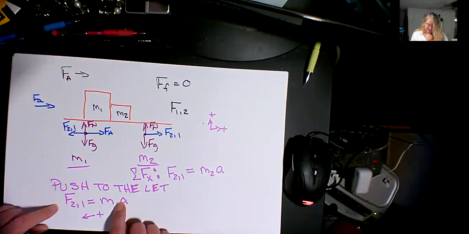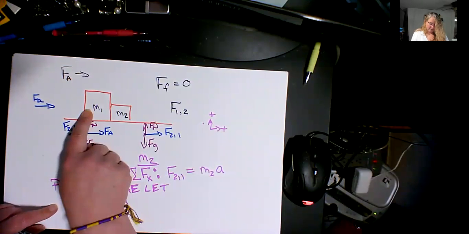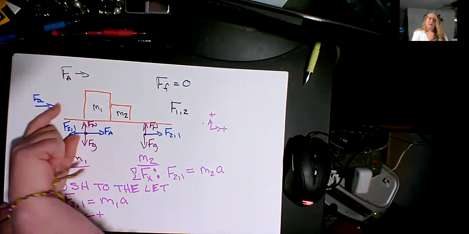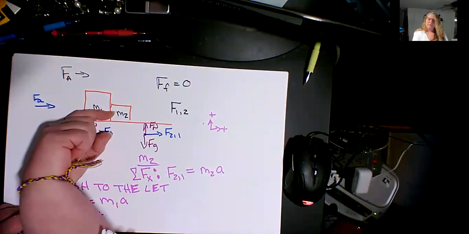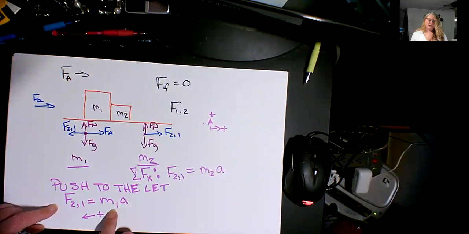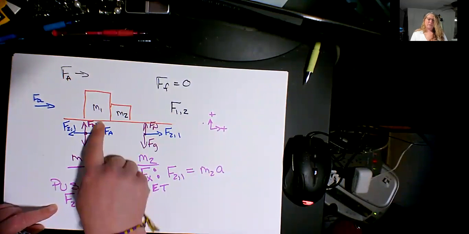Another way to think about it is I'm applying the force to the bigger mass, and the only thing resisting it is the smaller mass. If I push this way, going to the left, I have the bigger mass resisting that push.